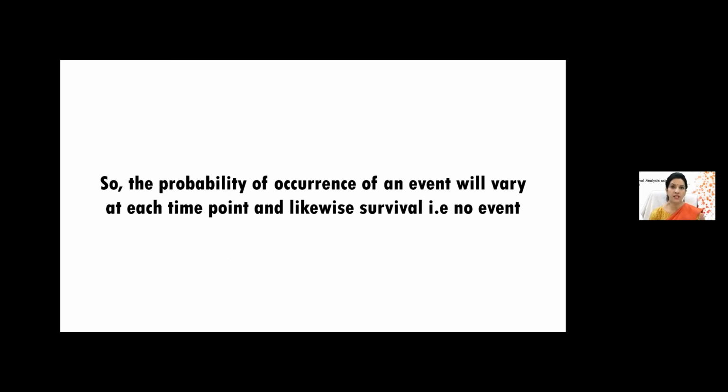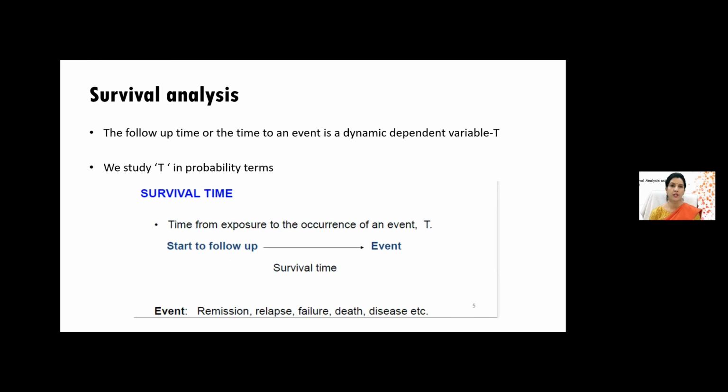So similarly, the survival. I have said that 1 minus the probability of event will be the survival. That is the no event. So in survival analysis, you follow up a particular happening of the event up till the time t. And since this t is dynamic, that's why we study this in terms of probability.